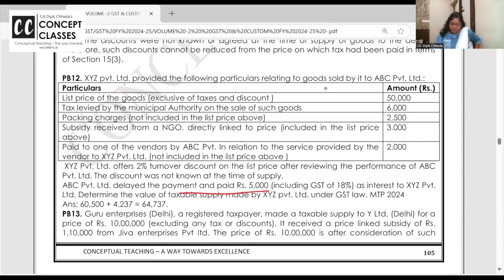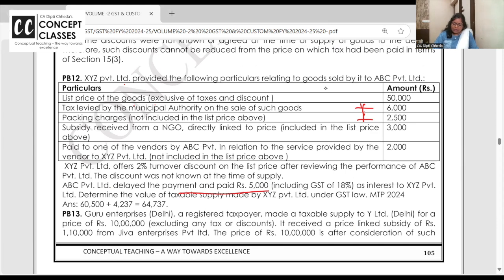XYZ Limited provided the following particulars. List price excluding taxes and discount is 50,000. Tax still levied by the municipal authorities, so add. Packing charges not included, add. Subsidy received from NGO is already included in the list price.